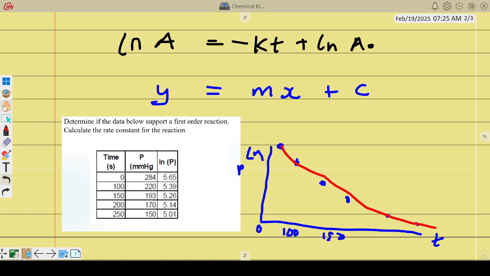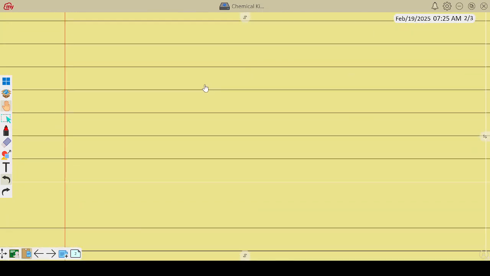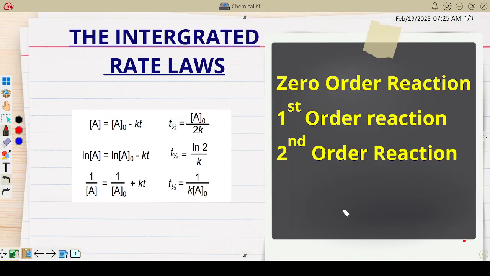Okay, so now we'll go to what is known as the half-life. The half-life of a first order reaction. So let me quickly take you back to the first page. So you've now understood this formula. You are now experts.